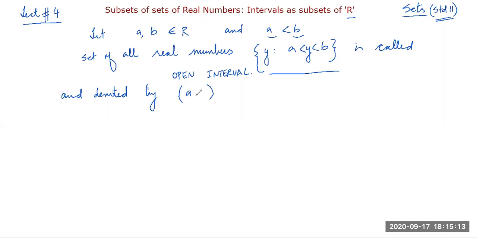So it's denoted by (A, B). Now this is a subset represented in the set builder form like this, and this subset is an open interval. It's a subset of R.